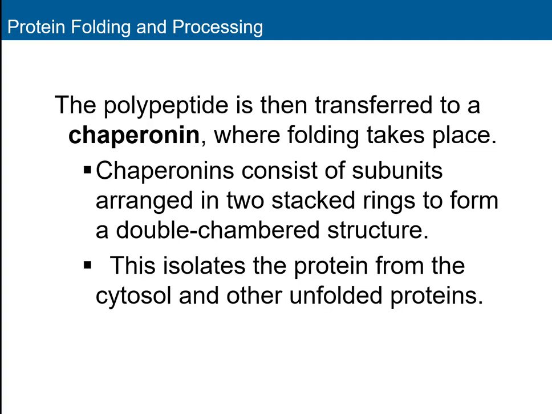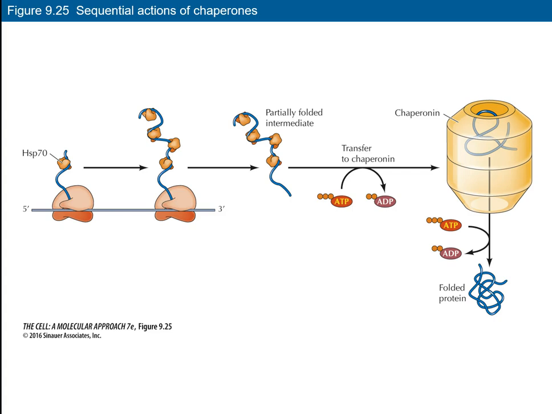So it's kind of like this barrel-shaped structure, I guess, where the polypeptide chain will enter inside, and that will isolate the protein from the cytosol and from other unfolded proteins and allow it to fold properly, okay?